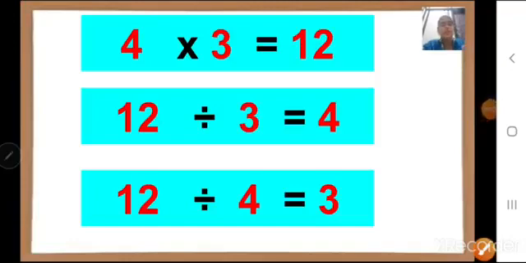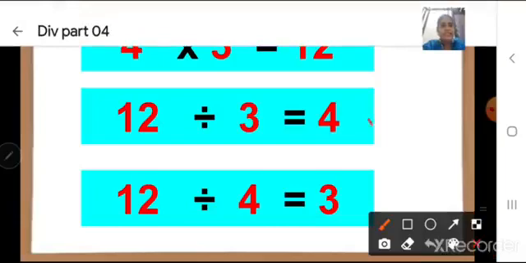Children, now with all these examples, we have learned some interesting facts about multiplication and division, which is that division is the opposite of multiplication and multiplication is the opposite of division. How, children? Now see, okay, look at the second example.